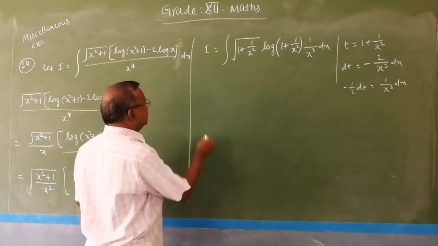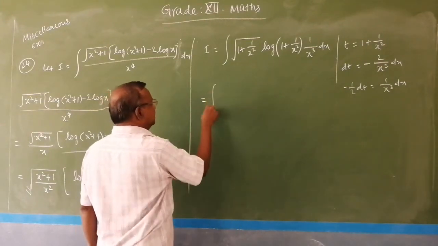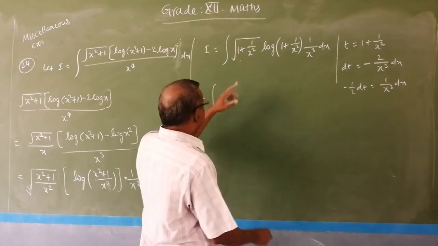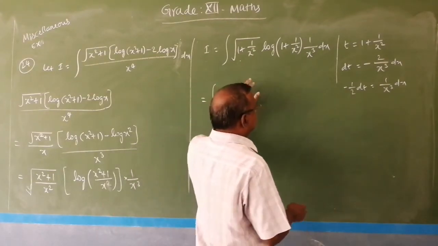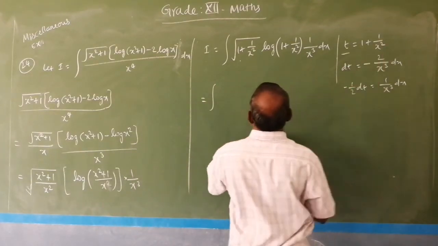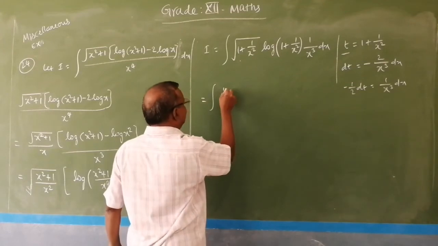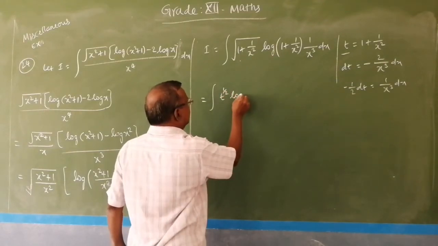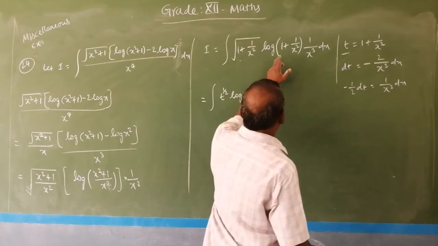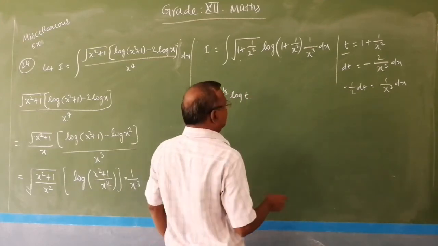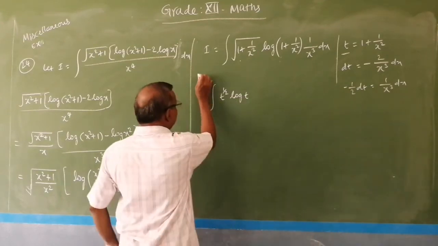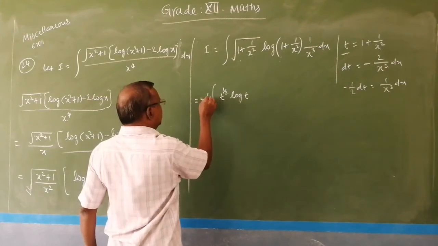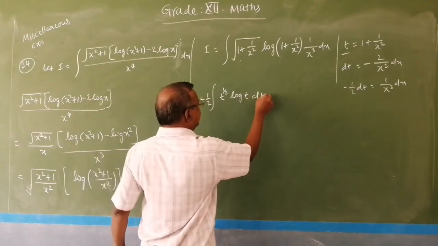So substituting all the values here, we have I equal to integral of root t, that is t power 1 by 2, into log of t, minus 1 by 2 minus 1 by 2, into dt.